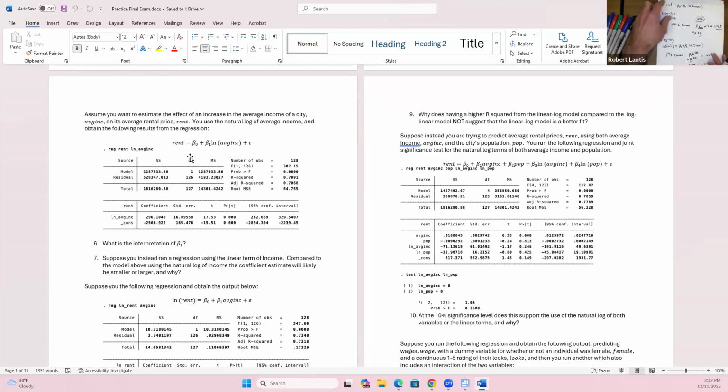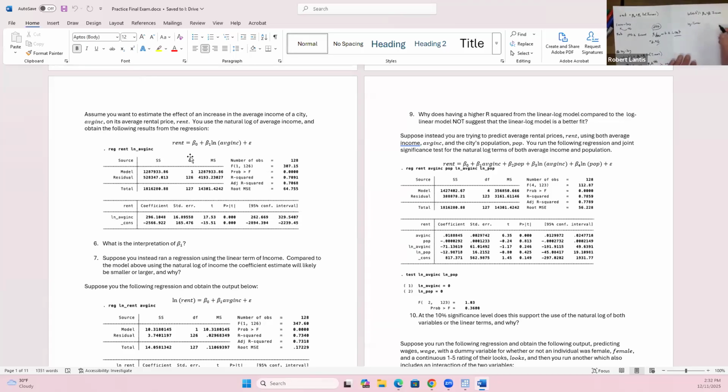So what I would probably be more likely to do instead of the log-log model, because it gets kind of weird with percentages, and I could add this as an additional question. So let's say instead I ran, what type of model here? This would be a log linear.